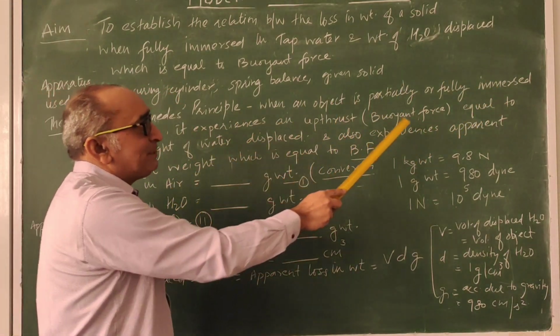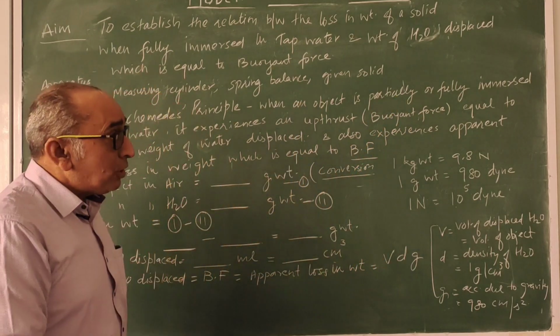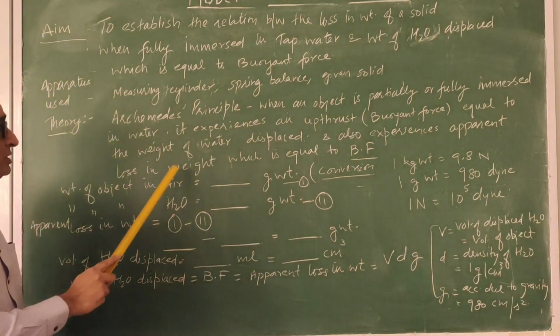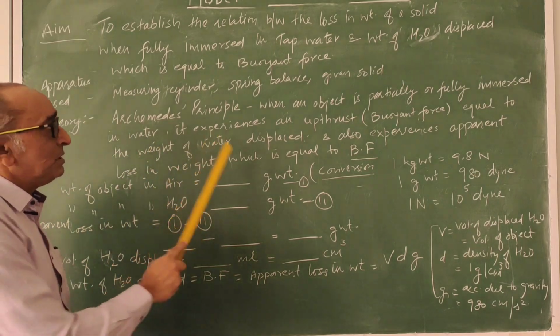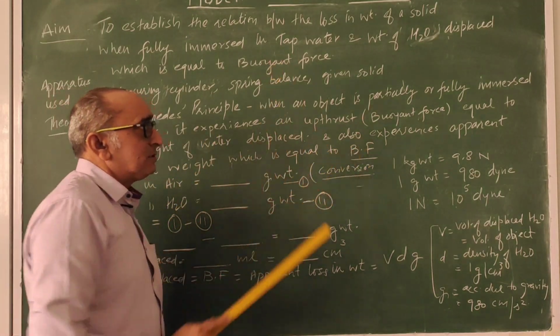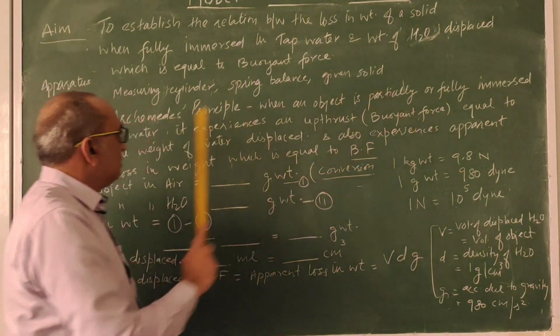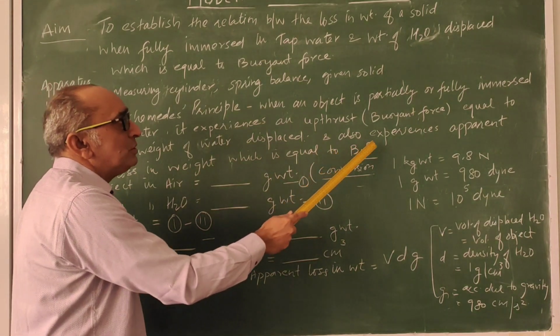And also the object experiences apparent loss in weight, and this apparent loss in weight is equal to buoyant force. We have to establish this relation that apparent loss in weight is equal to buoyant force.